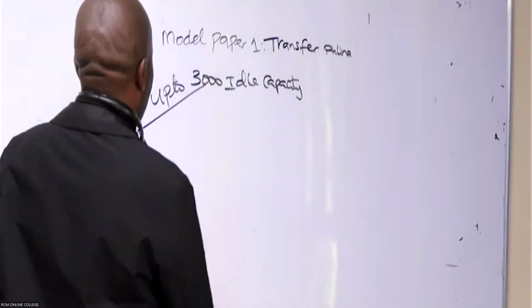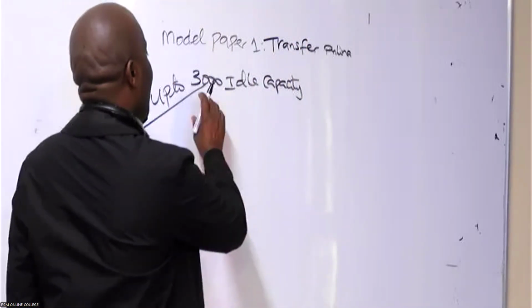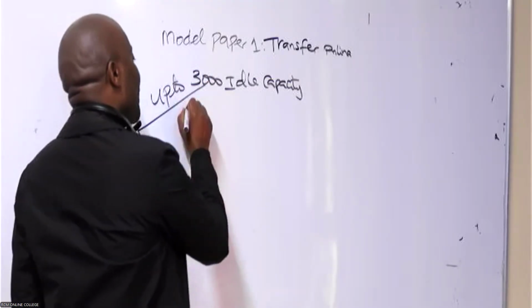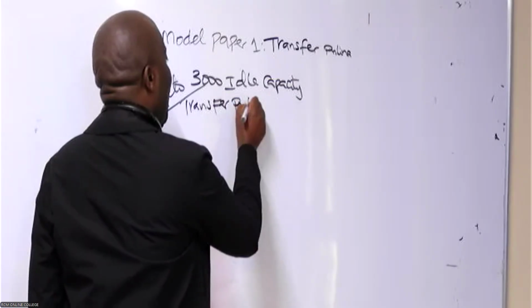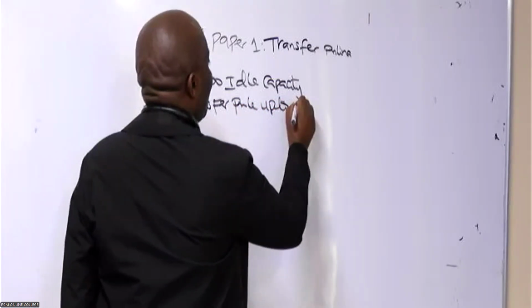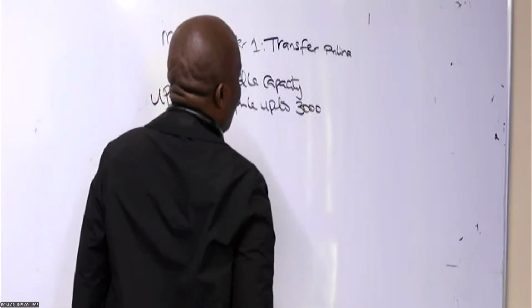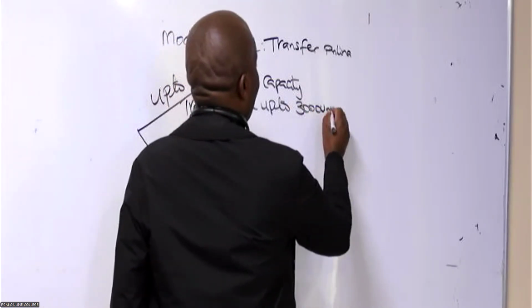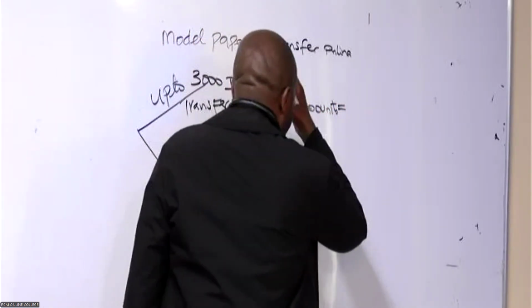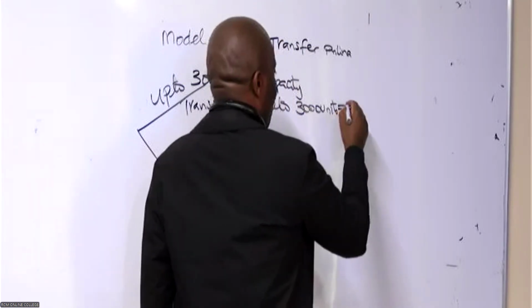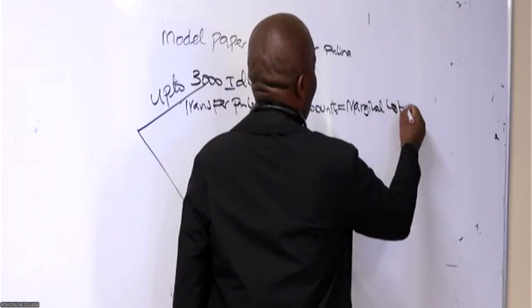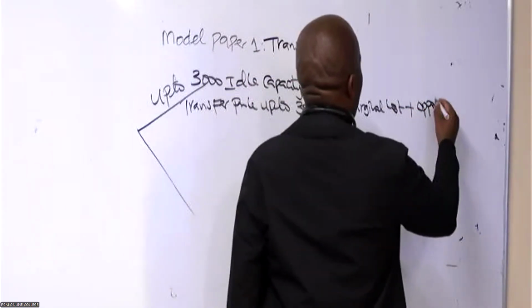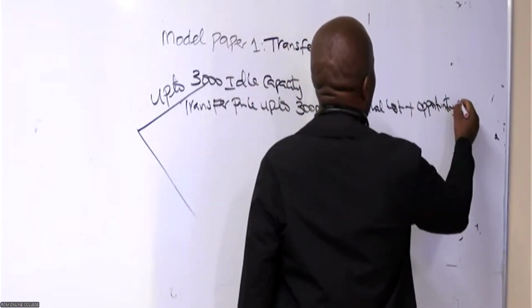It means, ladies and gentlemen, that the transfer price up to 3,000 units, when we are idle, will be equal to marginal cost. You can even write marginal cost plus opportunity cost.